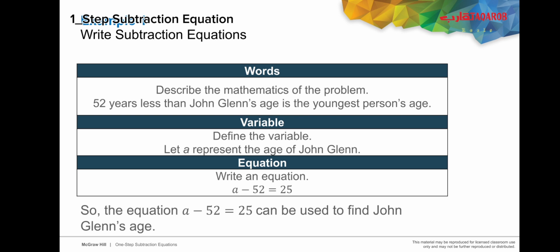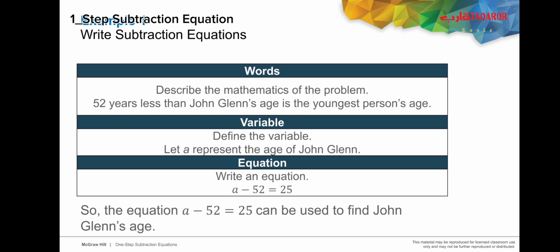And I know from the question that the age of the youngest person was 25. So Glenn's age minus 52 equals 25 years old. Now, I can form the equation A minus 52 equals 25.